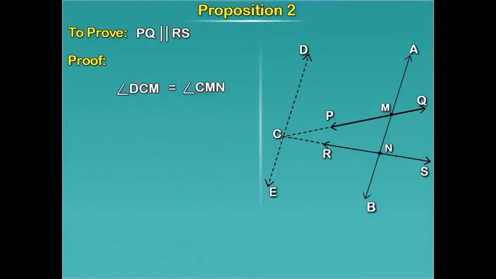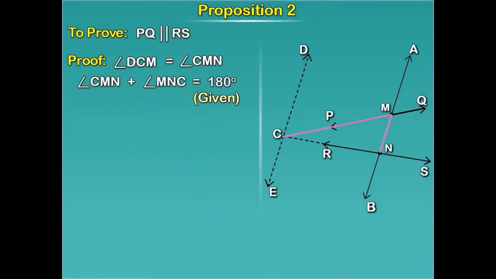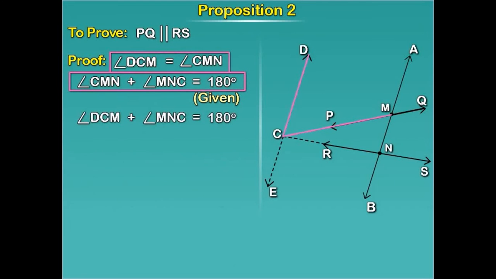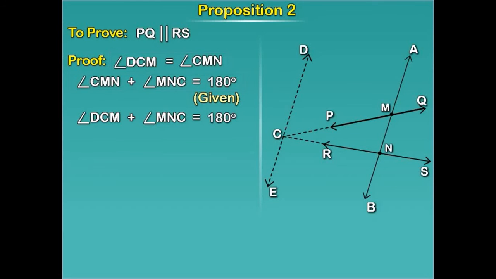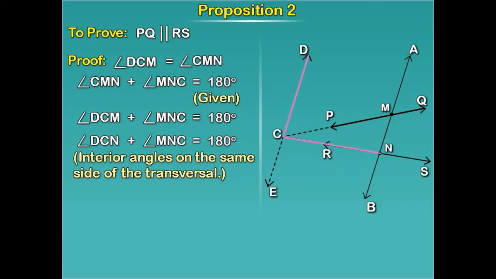It is given that angle CMN plus angle MNC is equal to 180 degrees. From the two equations, you get angle DCM plus angle MNC is equal to 180 degrees. Now, angle DCN plus angle MNC is equal to 180 degrees.